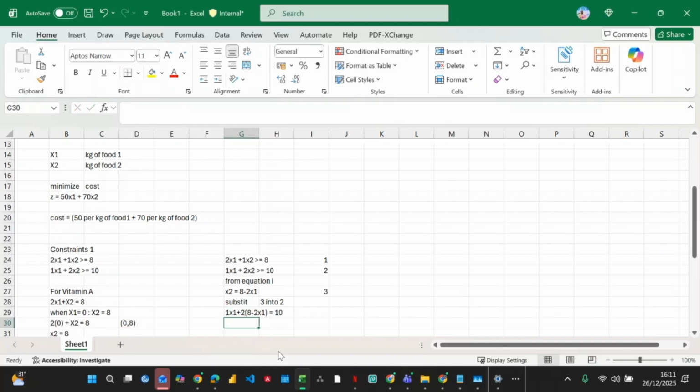So now we solve this. We want to get x1 here. So we can now do 2 times 8, 16.